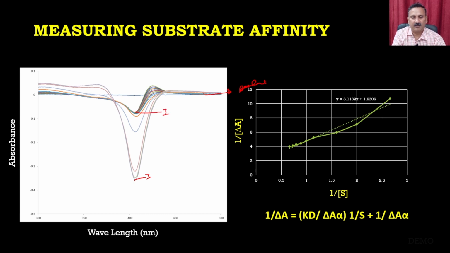From each curve you can calculate the delta A, which means how much is the dip of the absorbance, and then the 1 by delta A. Similarly, you can calculate the substrate concentration and the 1 by substrate concentration, and then make a plot between 1 by delta A and 1 by substrate concentration. That is going to give you a linear curve.